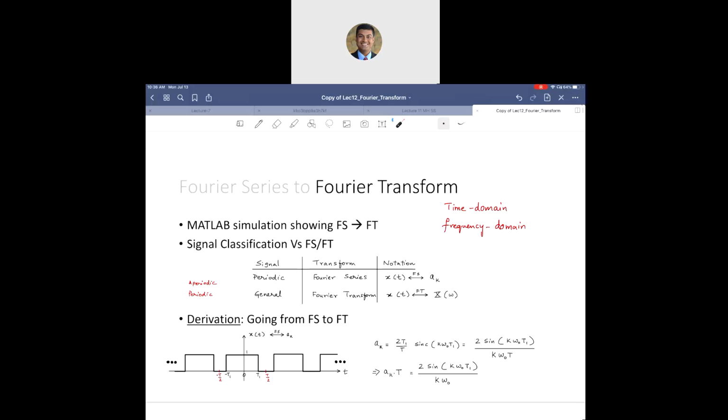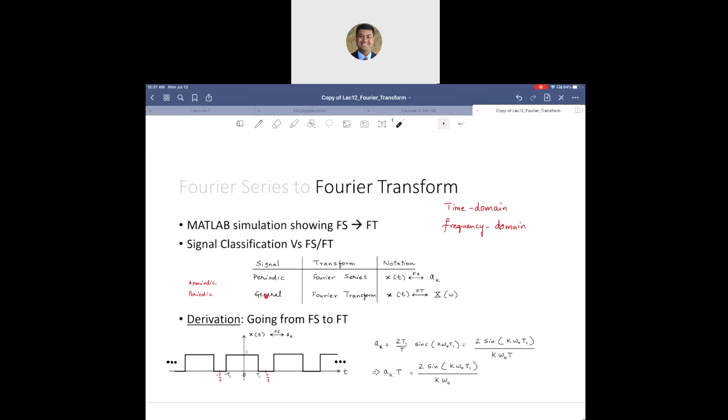All right, so that's the first thing that I want to note going forward. We are going to be talking about a signal in time domain and frequency domain. In time domain, we are observing the characteristics of a signal with respect to time, so the x-axis is time, similar to what you see over here. Because this was a periodic signal, we found its Fourier series coefficients. But when we talk about a general signal, which can be aperiodic or periodic, doesn't matter, we are going to find its Fourier transform.